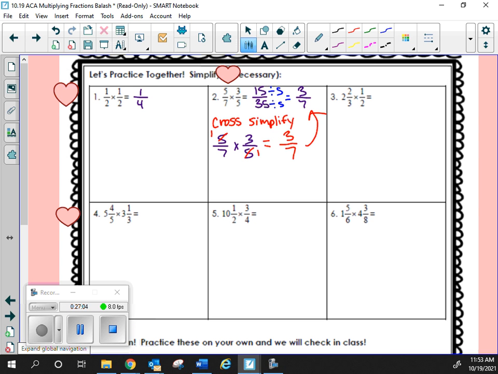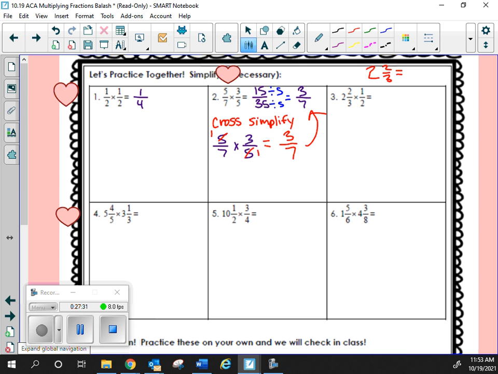So, when I see number 2, I see a mixed number, so I need to change it first to improper. Take a second, pause if you need to. Don't shout it out. I want to figure out what 2 2/3 is the same thing as. Take a second, do the Texas thing. 2 2/3, do you have the answer?